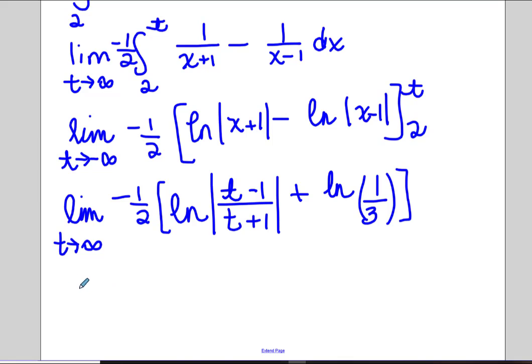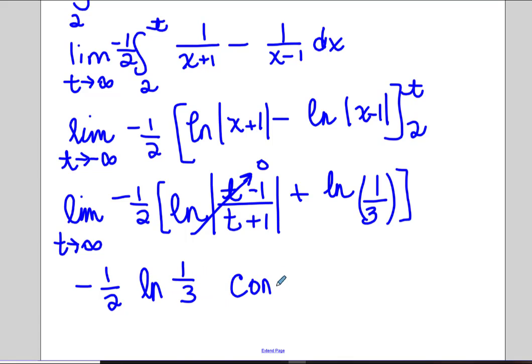So we have, let's see, what's that do? Negative 1/2 natural log. Let's see, this one goes to 0. So negative 1/2 natural log of 1/3.